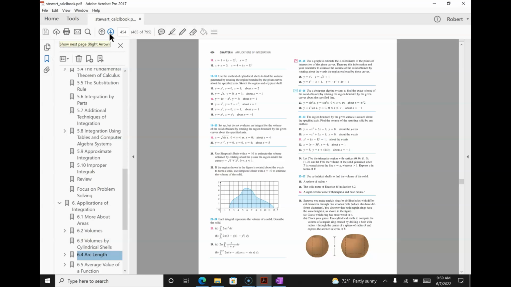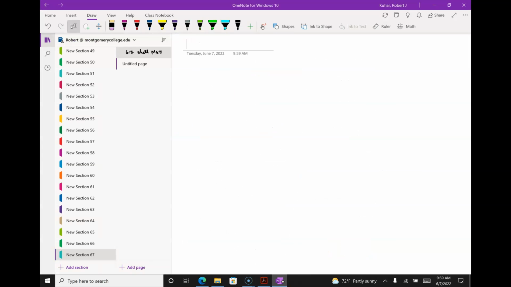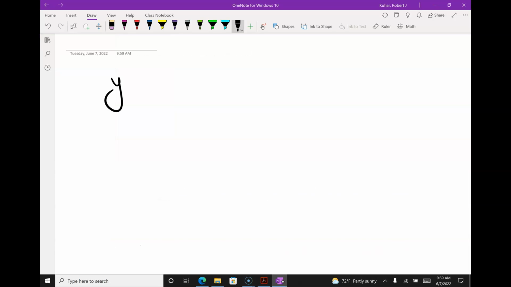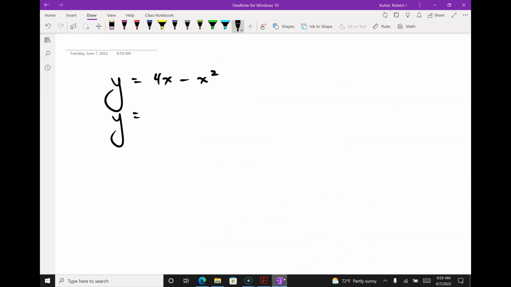Let's look at 15. 4x minus x squared, y equals 3, about x equals 1. 4x minus x squared. Y equals 3, about x equals 1.